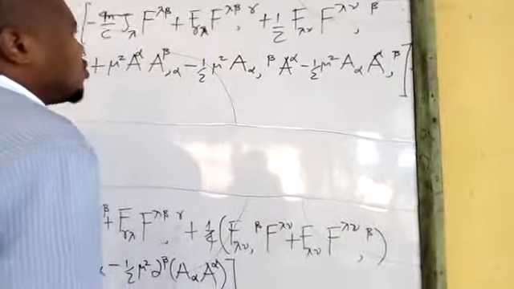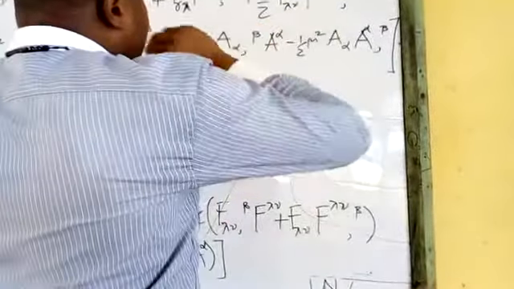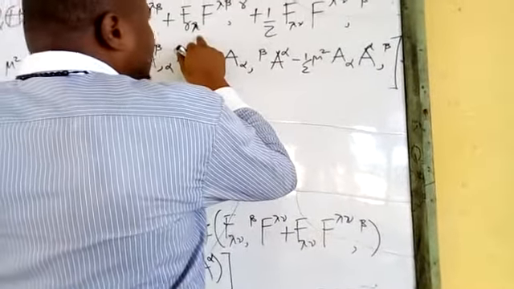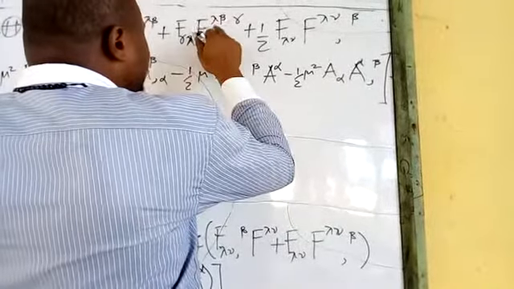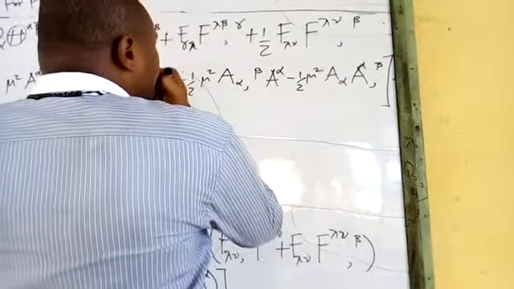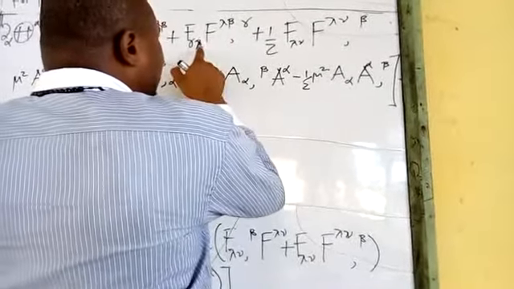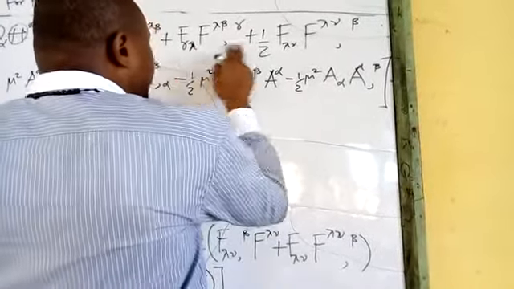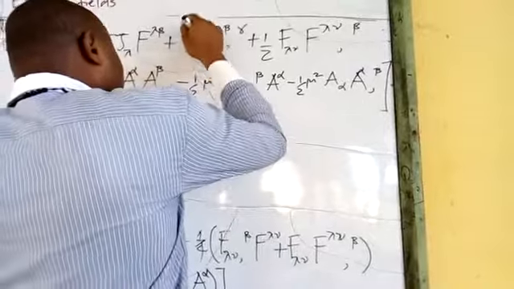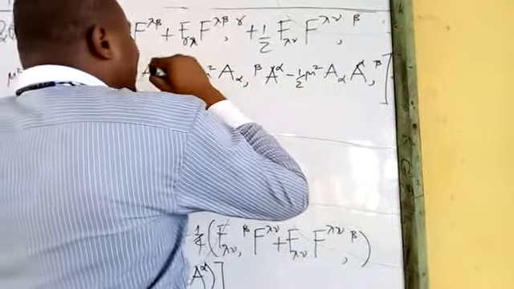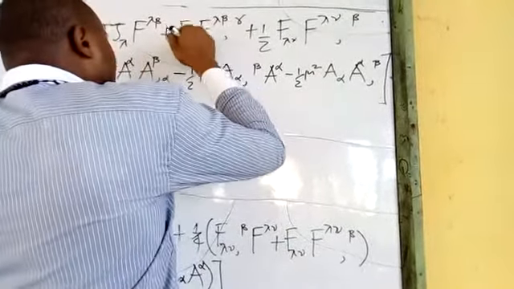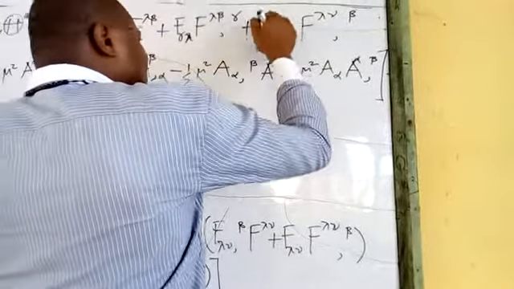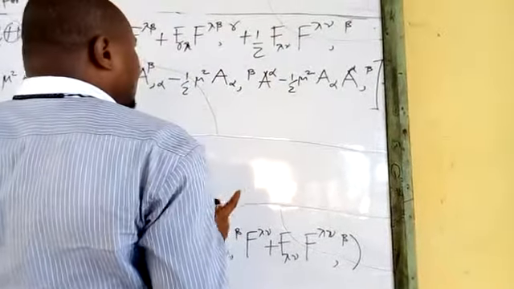Now, looking at these two terms here, I have here gamma and a lambda. And if you look up here, you can see lambda and a beta. In order to facilitate my combining these two terms here, I'm going to try to change this to be the same as that, especially this. So whatever transformation that I can make to make this field tensor exactly the same as that is what I'm going to do.